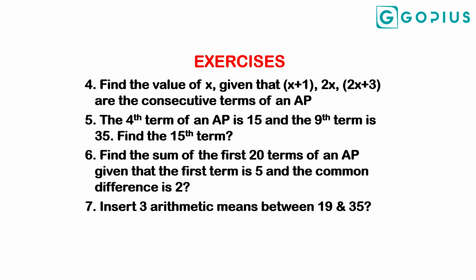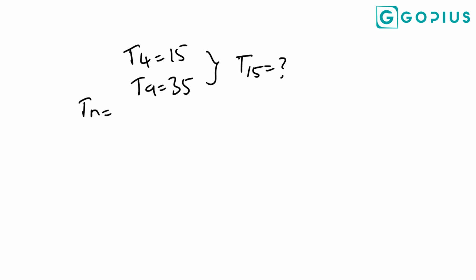Our fourth term of an AP is 15. So T4 of an AP is 15, and the ninth term is equal to 35. We are asked to use these two pieces of information to find the value of the 15th term, that's T15. Now the nth term of the linear sequence, which I have established in this session, is a plus n minus 1 times d.